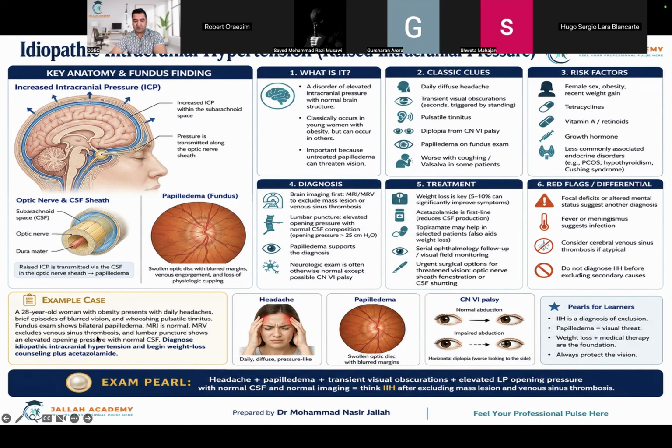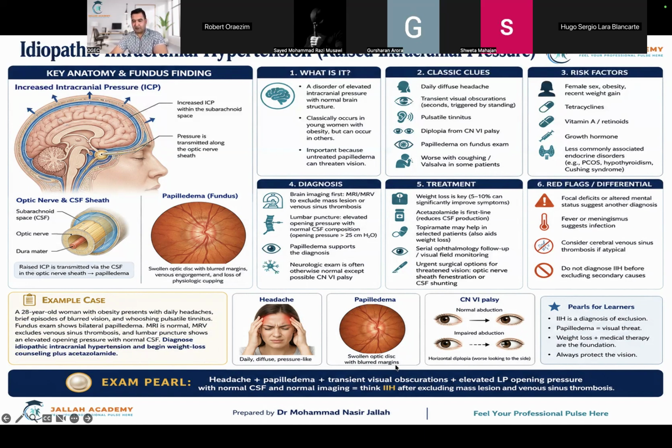MRV excludes venous sinus thrombosis, and lumbar puncture shows an elevated opening pressure, which is more than 25, with a normal CSF. Diagnose idiopathic intracranial hypertension and begin weight loss. What is the first best non-pharmacological treatment? Weight loss counseling, plus if this doesn't help, then acetazolamide.